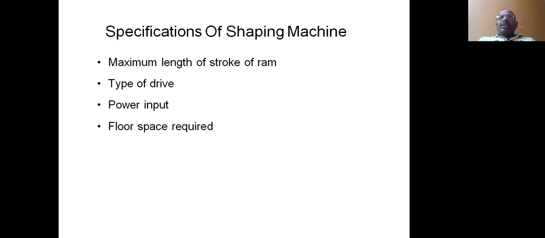The next important one is the floor space required. How is the floor space specified? Based on the length and width of the base. What is the meaning of the floor space? It is based on the length and width of the base, and not only length and width.